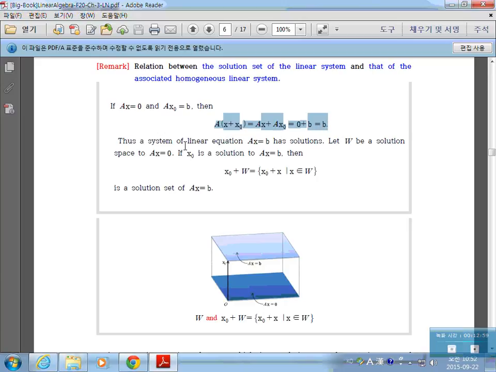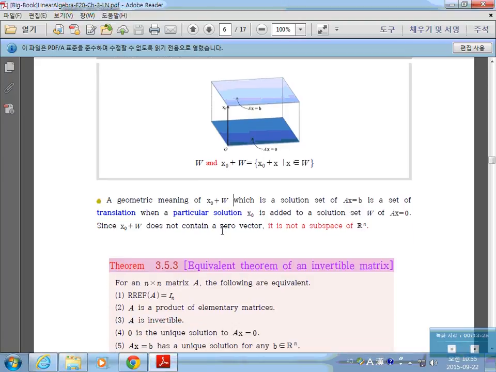So suppose a system of linear equations AX is equal to B has a solution, and W is the solution set to AX is equal to 0, and x0 is a particular solution to AX is equal to B. Then this set of vectors is always the solution set of AX is equal to B.